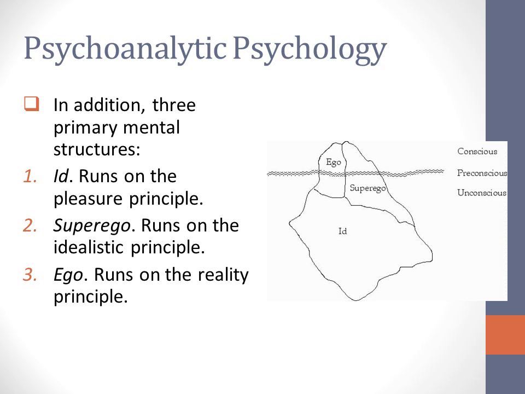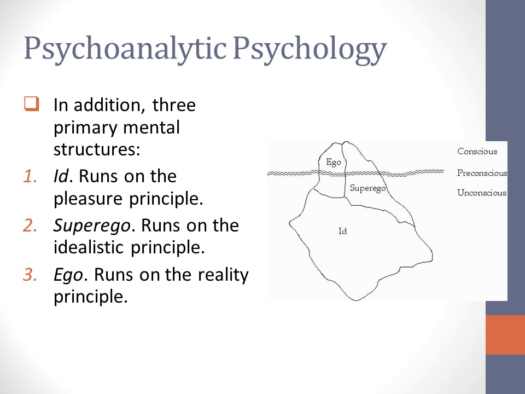And he had three other ideas or primary mental structures as well. He believed that there's a sense of self, the ego, but more importantly, this ego is mediating between two other components. The id is entirely unconscious, and it is all of the basic emotional impulses that we have, aggression, sexuality, things like that. It runs on the pleasure principle.